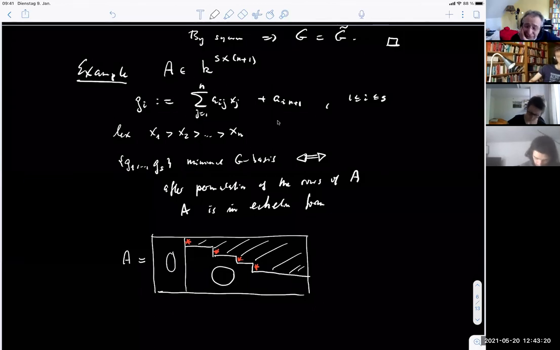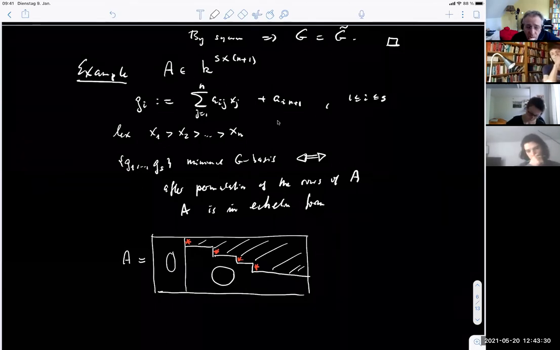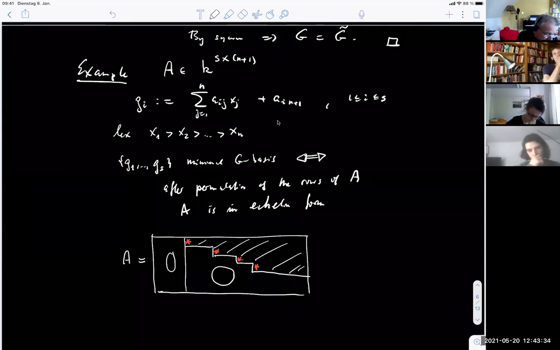Let's check. Why is that? Let's assume A looks like that. So why do we have a minimal Gröbner basis? Why is it minimal? We look at the terms. The leading terms here are the variables, and these are distinct variables.